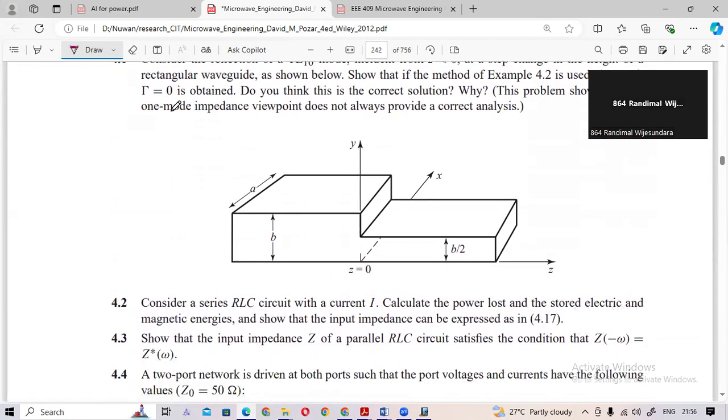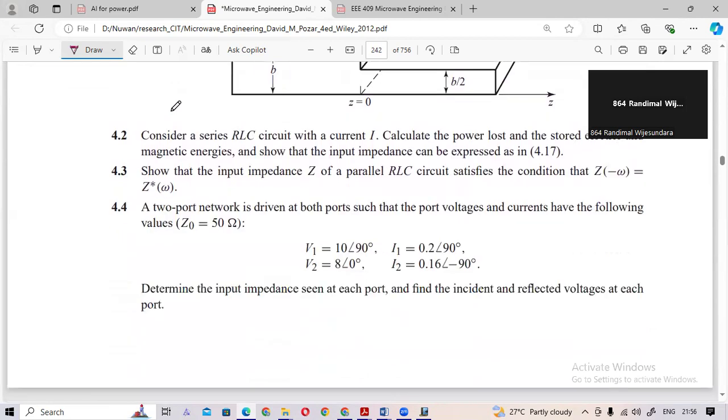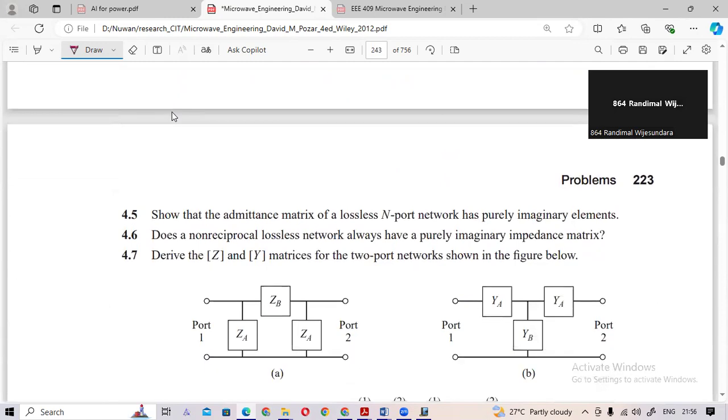Do that question, and also try to do this one also.